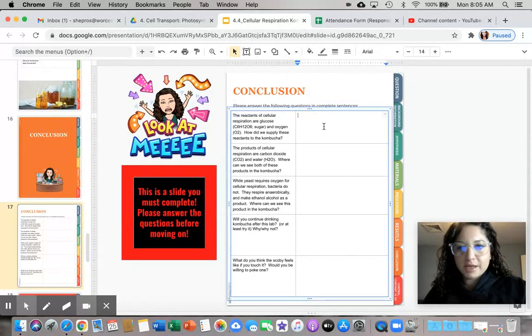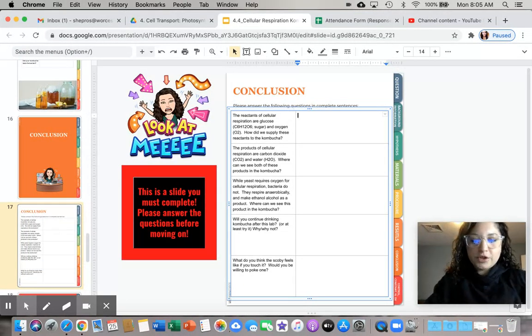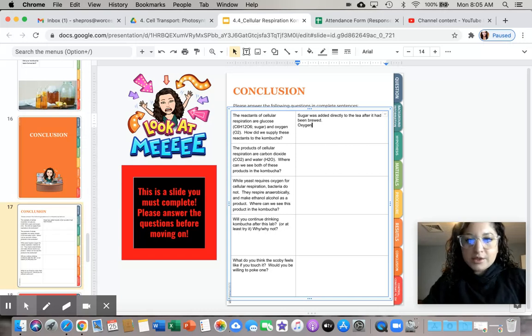So your job is to answer these questions. Where did we get the sugar from? So sugar was added directly to the tea after it had been brewed, and then oxygen was added to the kombucha because of the cloth covering the jar.